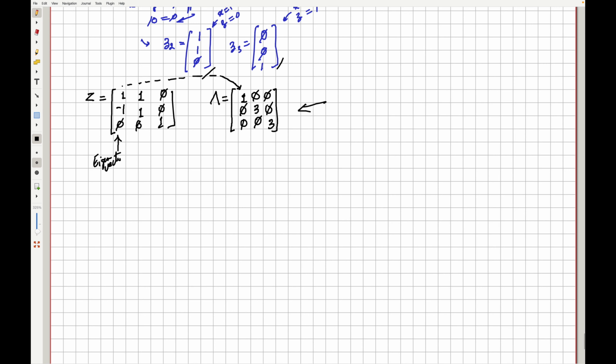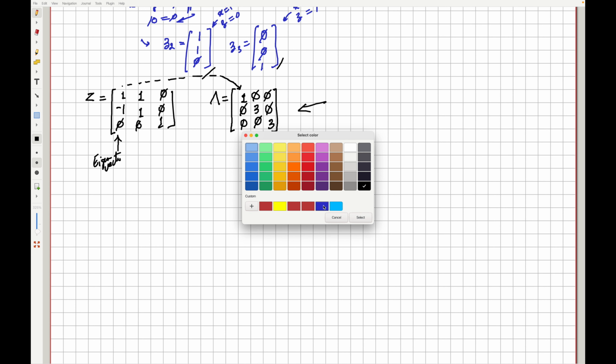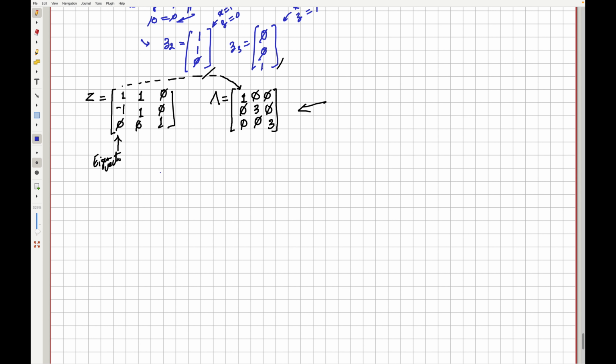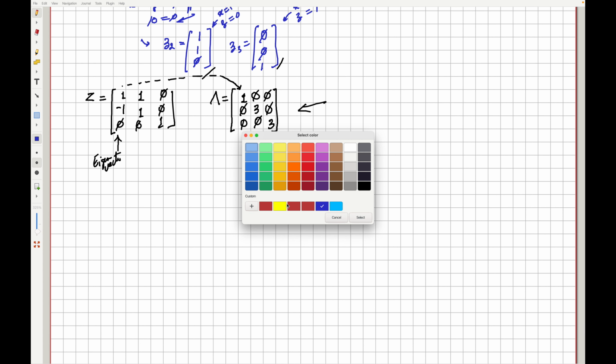Now if we want to go back and see how these are related to the matrix A that we started out with, here is what we can do.